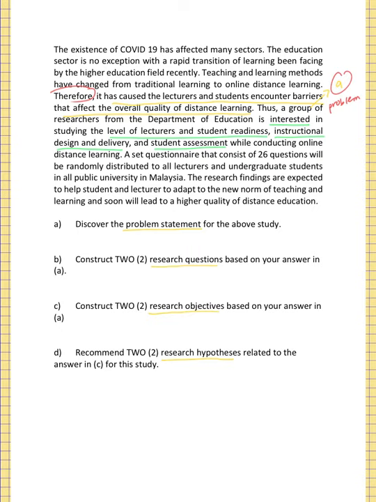For example, what is the level of readiness among lecturer and student towards the ODL. Okay, first.